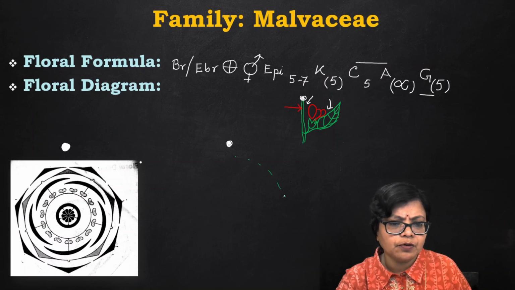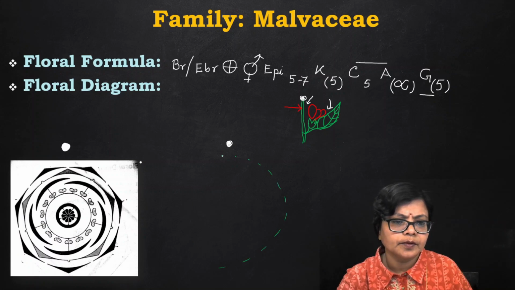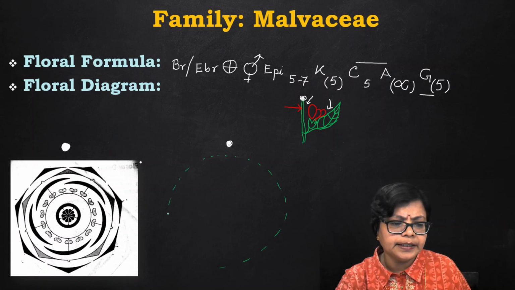First we will draw for the calyx. Sepals, how many?